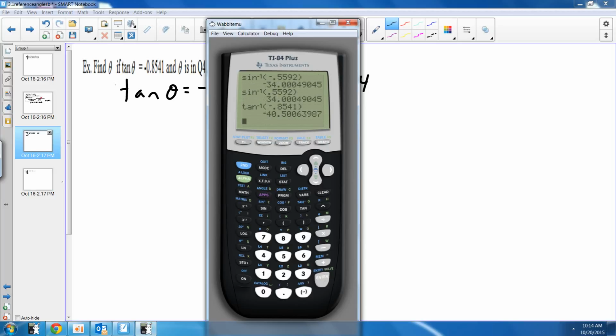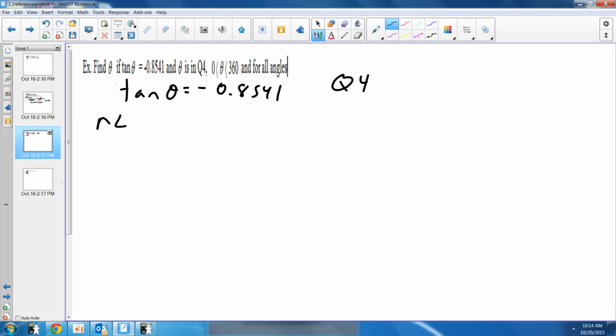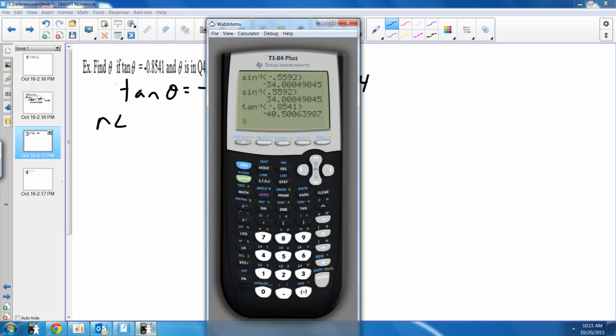I'm going to know that the reference angle is going to be approximately 40.50.